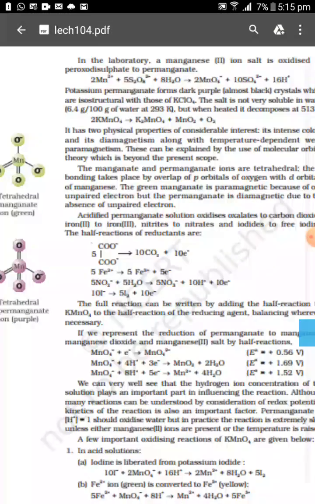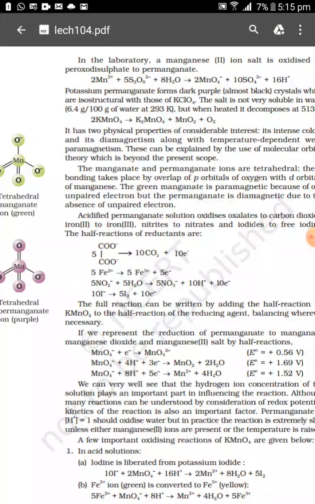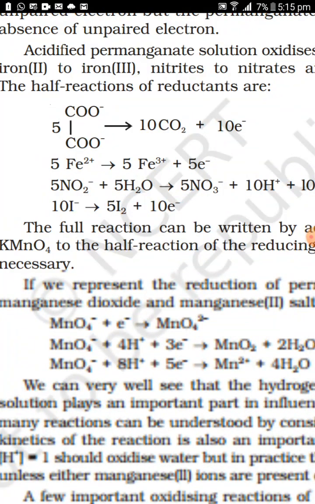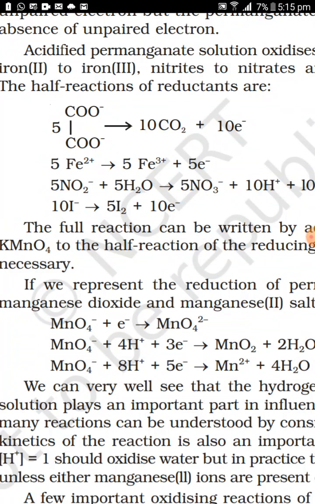Then the oxidizing nature of the permanganate ion. Here you can see the oxalate gets oxidized to CO2, iron to Fe3 positive, nitrite to nitrate, NO3 negative, and iodide to iodine. As these get oxidized they lose electrons. These electrons are gained by the permanganate ion to give you manganate.